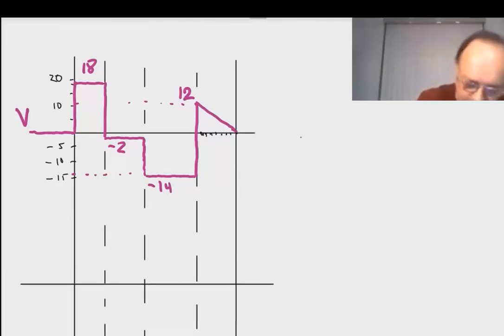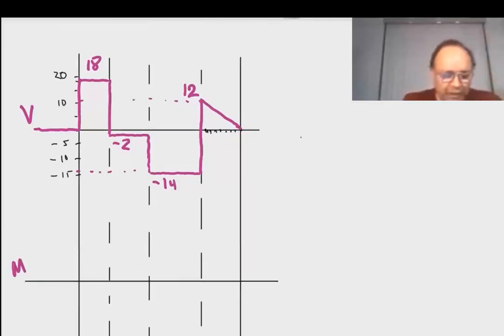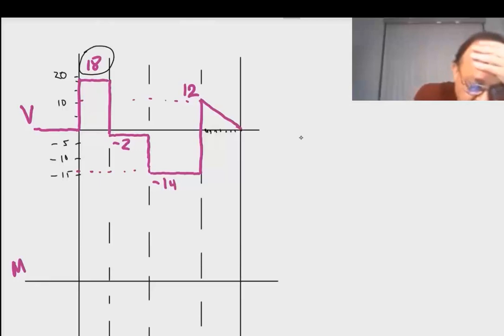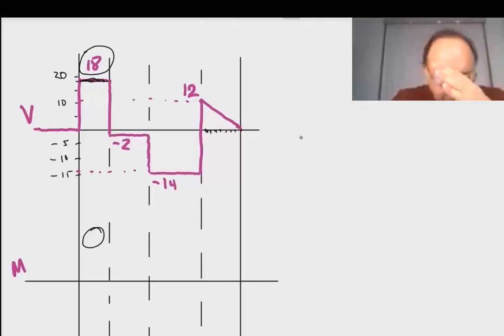We said the moment diagram is the area of the shear diagram, and the shear diagram is the slope of the moment diagram. If this 18 is a constant value for this first segment, it means that the moment in this region is a line with a constant slope of 18.